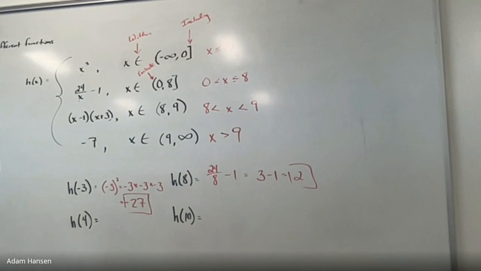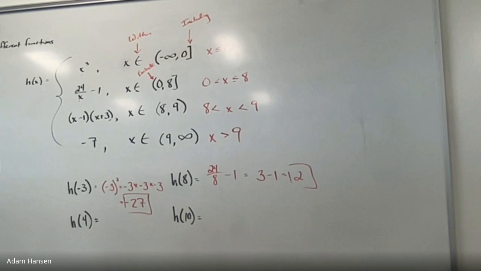No, he's right. So what was it? 24 divided by 4 is 6. 6 minus 1 is 5.